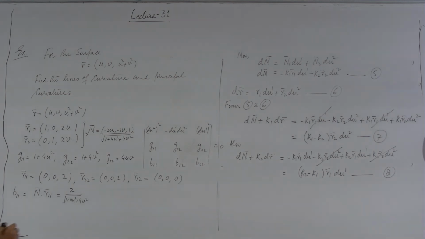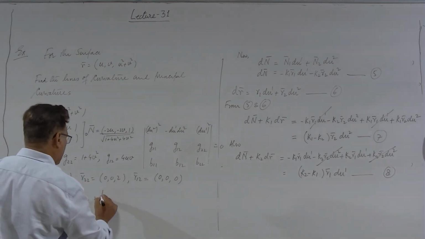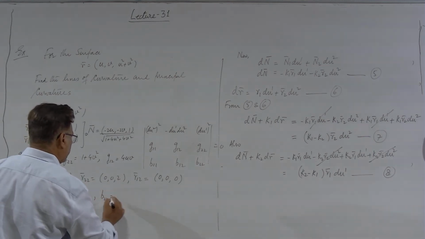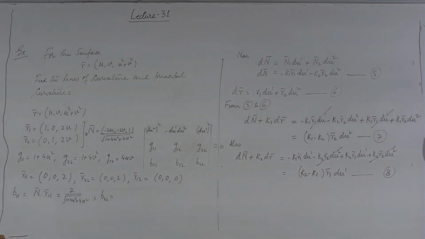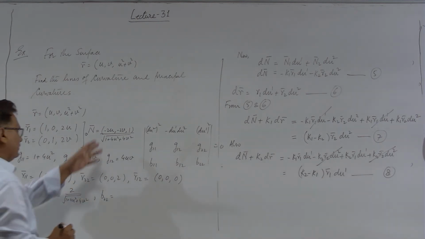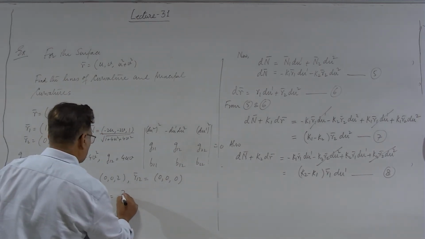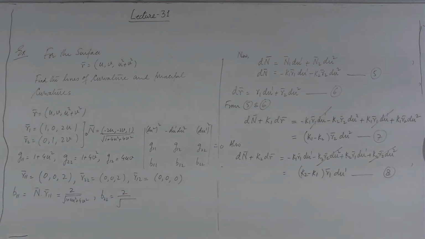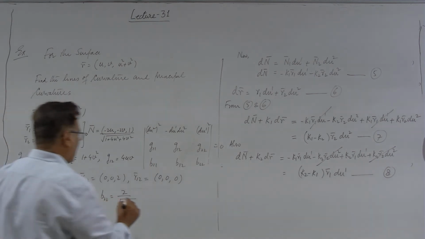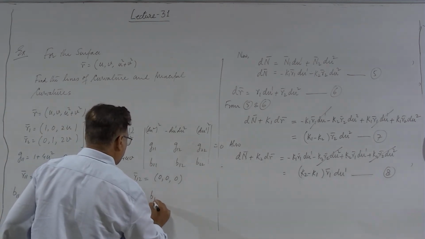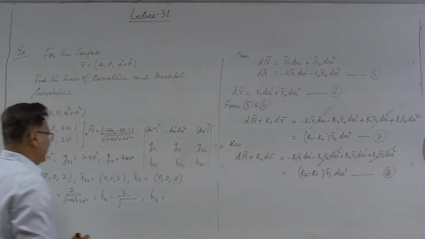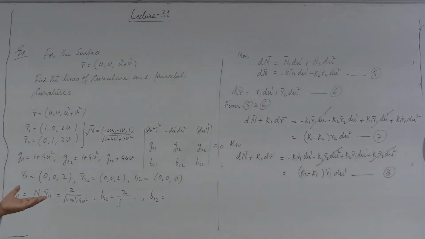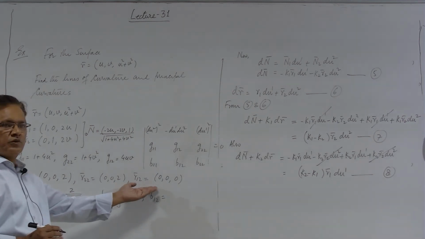The B22 is how much? N dot R22. So, this will be the same, 2 upon under root the same quantity. B12 is n dot R12, that will be 0 because R12 is 0.